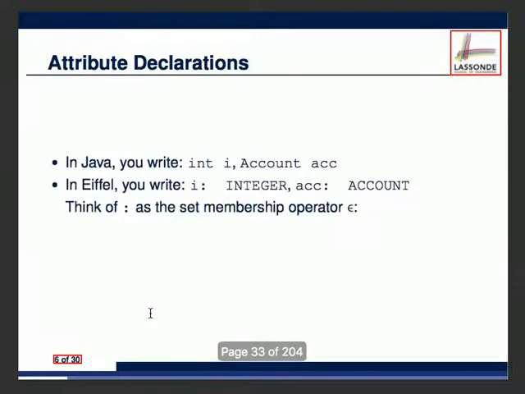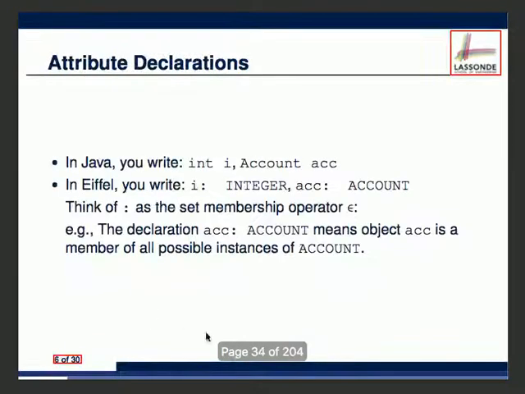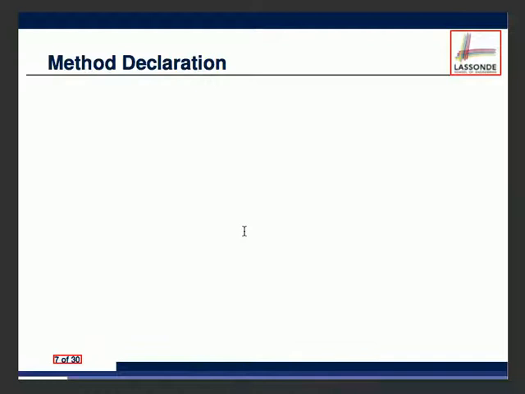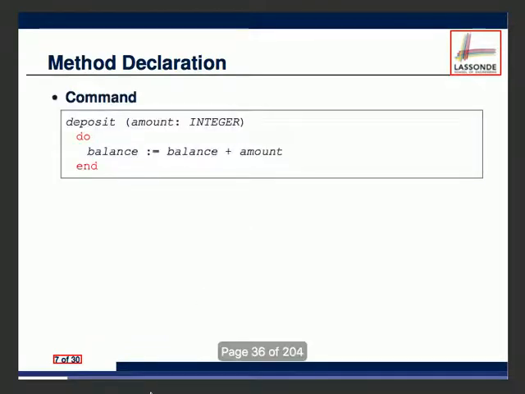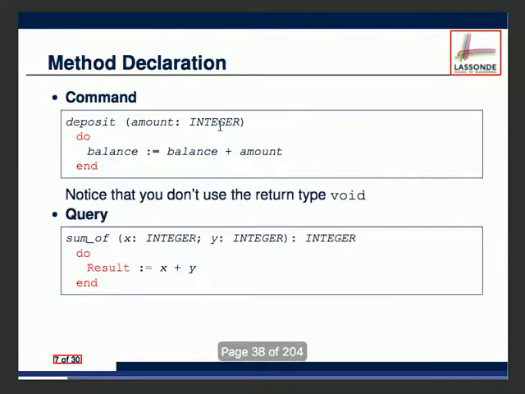I said that already. So what you got to do is use the colon over here. That kind of means the membership operator. What about declaring a method or a feature? Let's compare deposit and sum of.